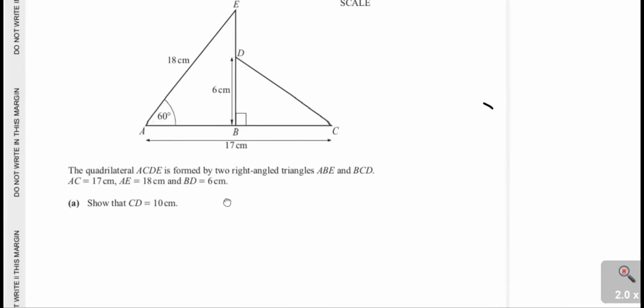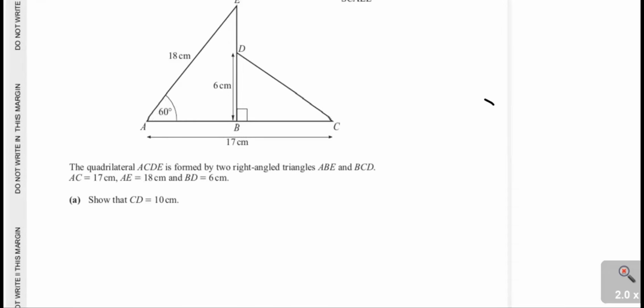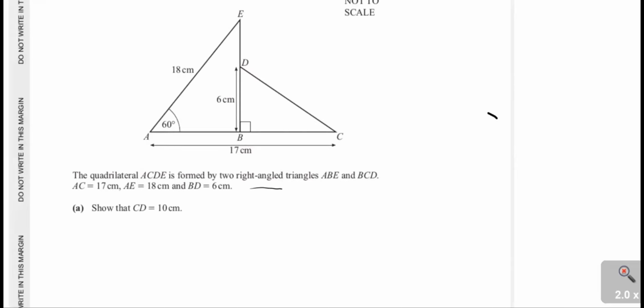The quadrilateral ACDE is formed by two right angle triangles ABE and BCD. Show that CD equals 10 centimeters. Look here, we have to calculate the length CD. This CD length lies in the right angle triangle BCD.